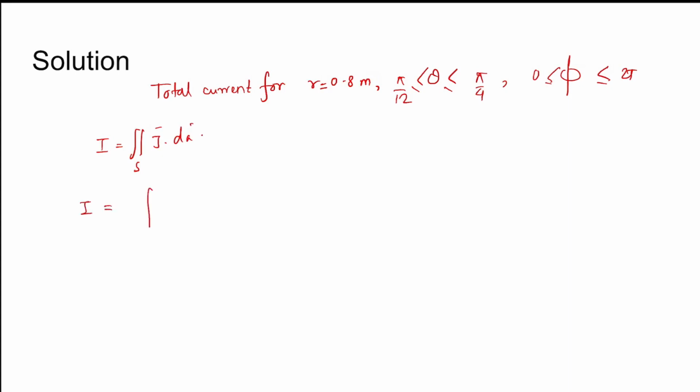Now I equals the surface integral, and the phi and theta limits need to be plugged in: pi by 12 to pi by 4, and phi from 0 to 2 pi.